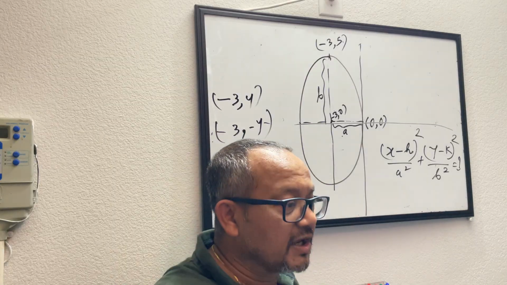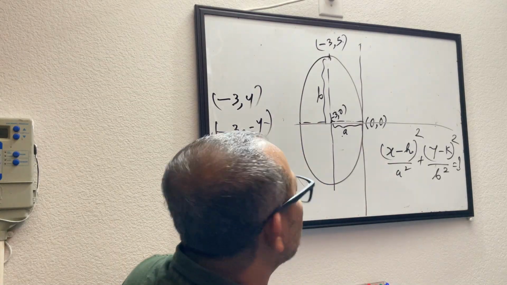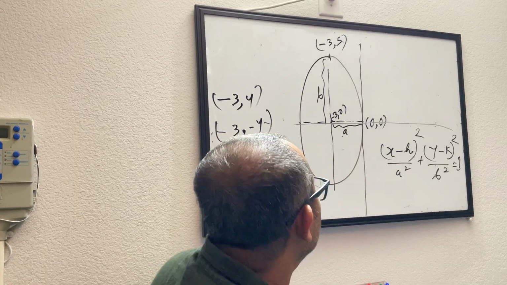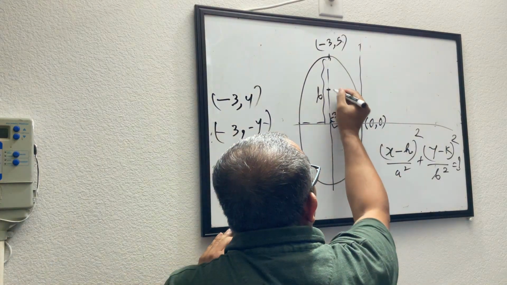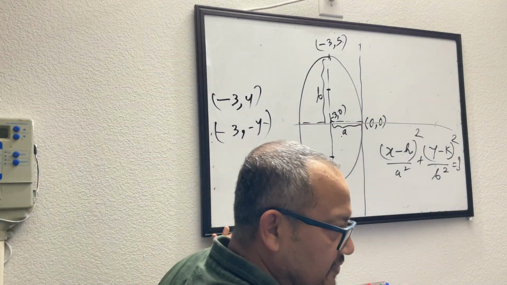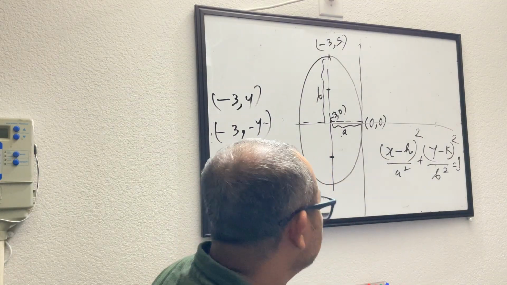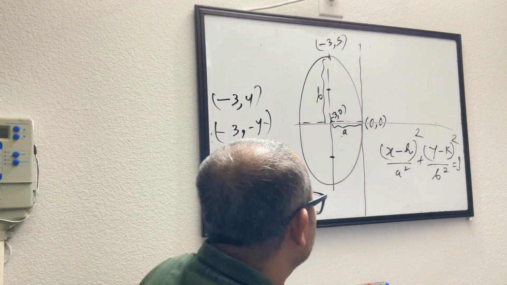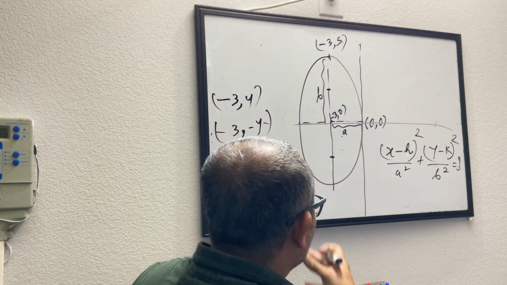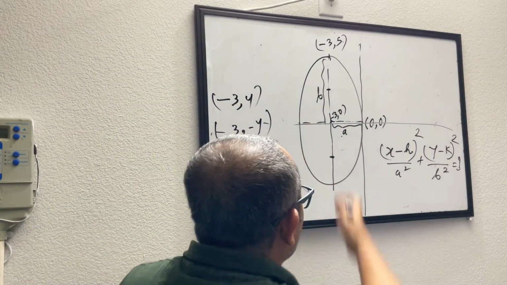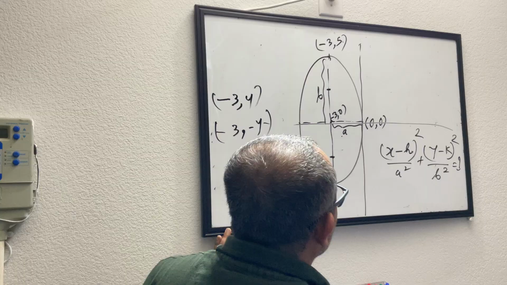Now, what is a foci? Foci is a unique property of an ellipse, which says foci are 2 points along the major radius, always along the major radius. So if this is lying upside down, vertically, then this is along the y-axis or the axis parallel to the y-axis.